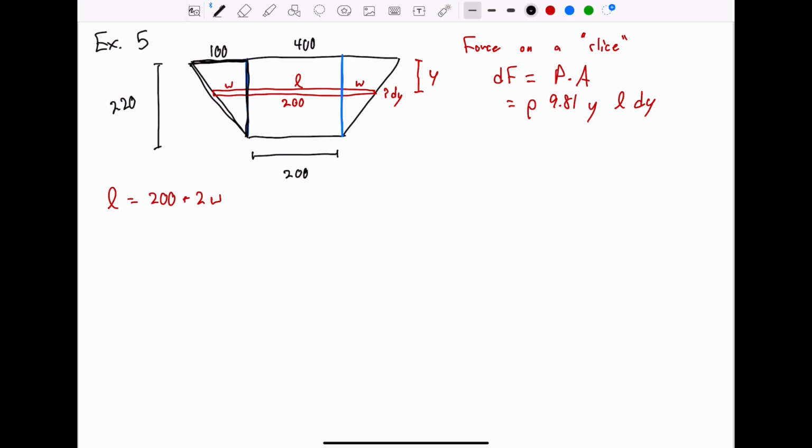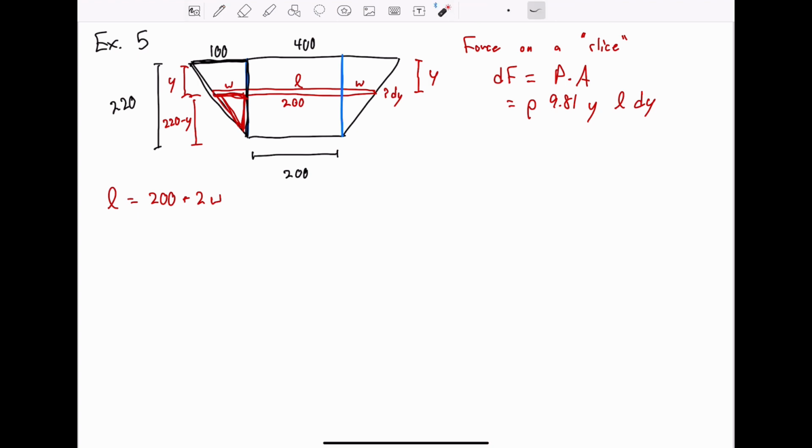That is the same shape as this smaller triangle here. This triangle measures W across, and the height is 220 minus the height y from the surface of the water. So this height here is y. So the height of this small red triangle is 220 minus y.